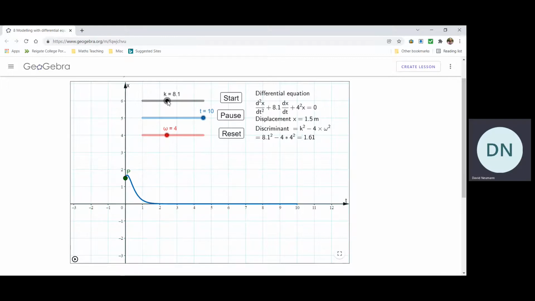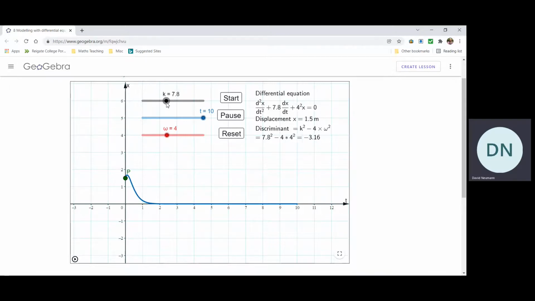If I just go back a little bit, when k is just less than 8, the discriminant is still negative. It's still crossing the t-axis. So if we start somewhere away from the center, we still get some motion on the other side of the center.